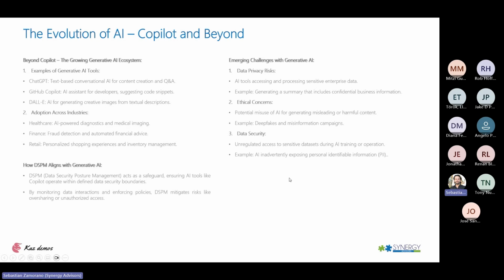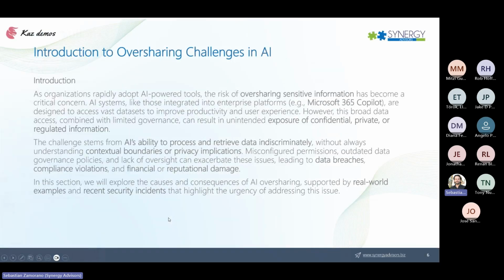But to start talking about all of this and DSPM, the first thing we need to do is talk about oversharing. What happened with oversharing? Oversharing is something that has been happening for many years.